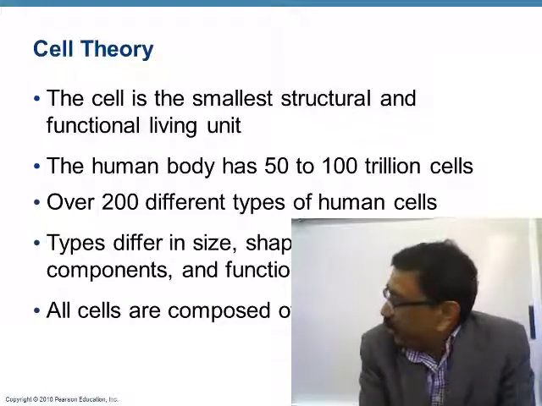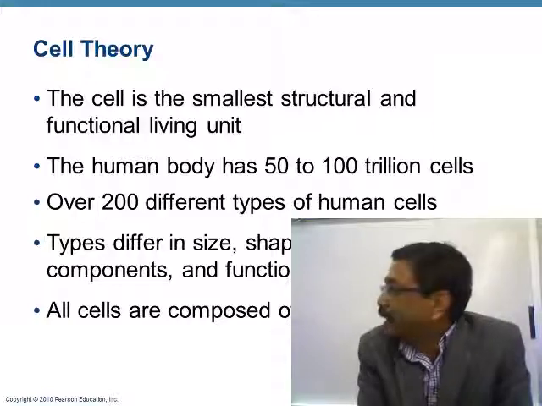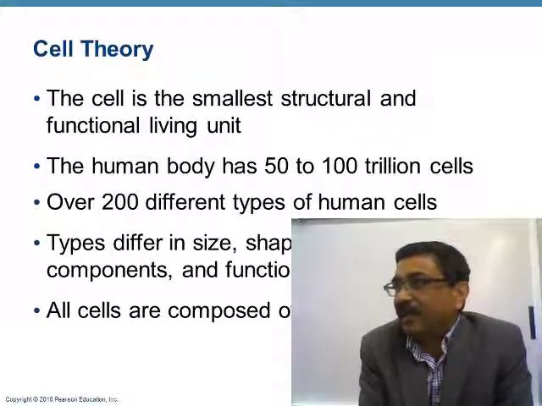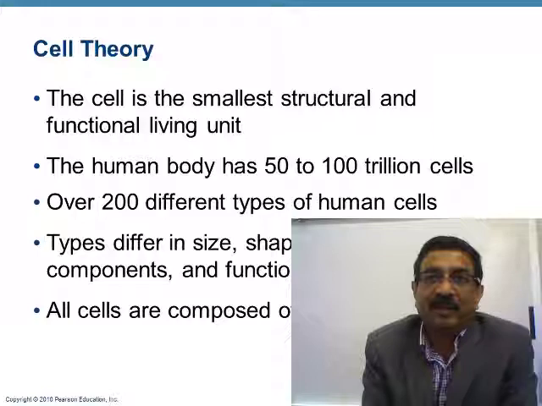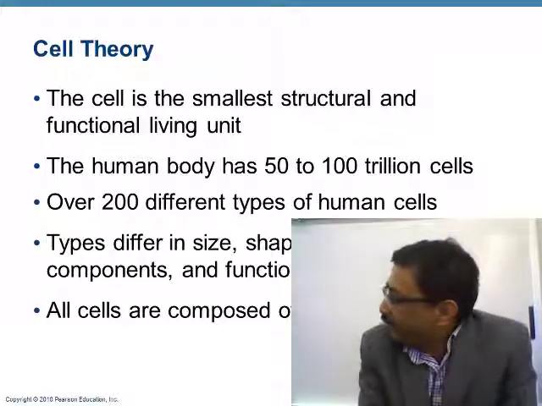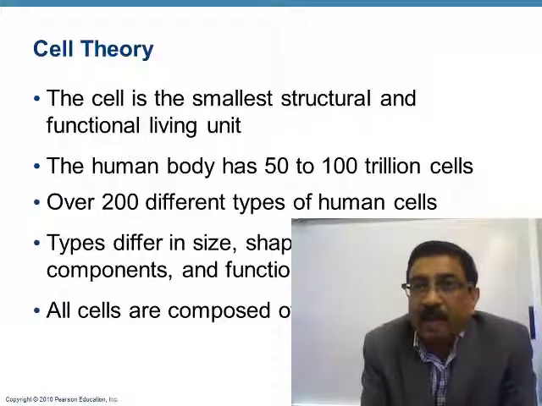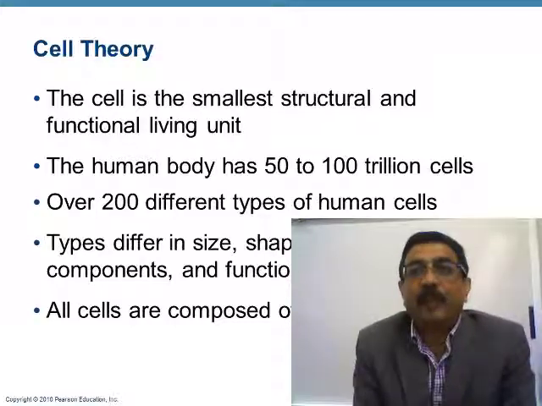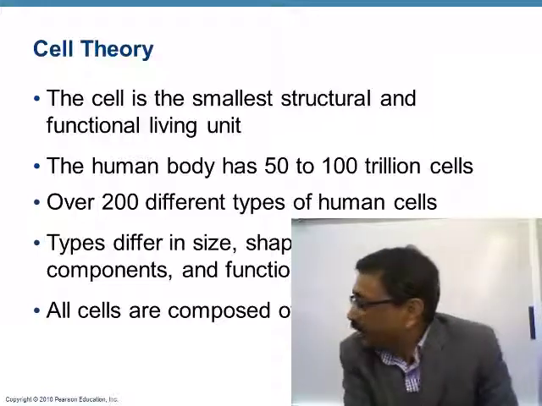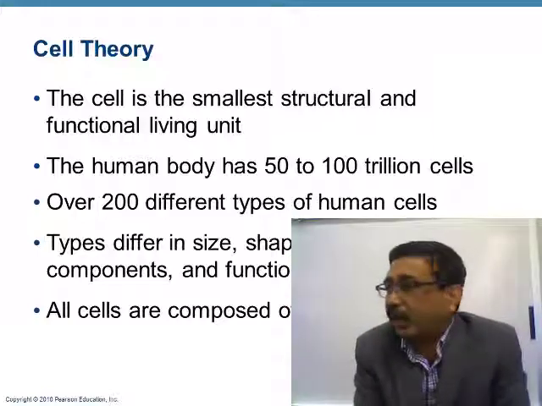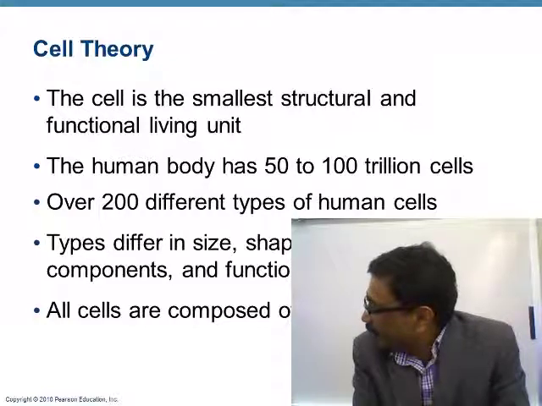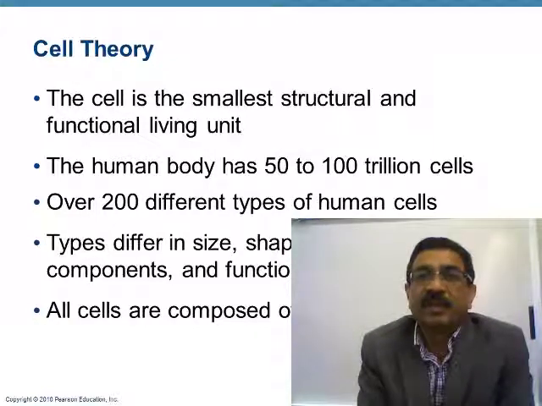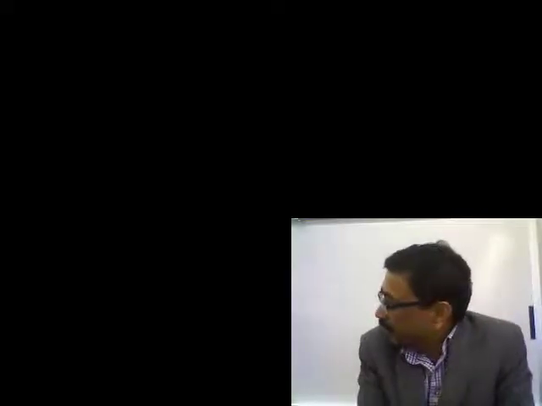Human body has 50 to 100 trillion cells, not million, not billion, trillion of cells, and over 200 different types of cells are present in the human body. How they are different? They are different in size, shape, subcellular components, and functions. So that's how they are different from each other.